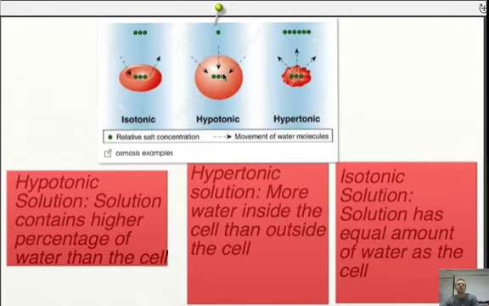Hypotonic is when there's more inside. That's why this cell is actually bigger than what's outside. Hypertonic is when there's more water in than there is outside of the cell. And then isotonic, remember, there are equal amounts of water both in and out of the cell.